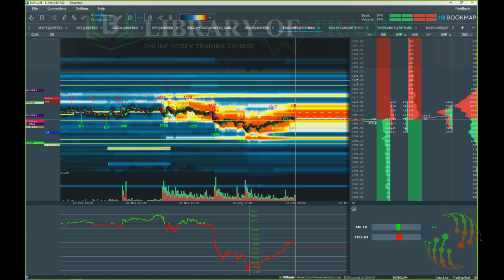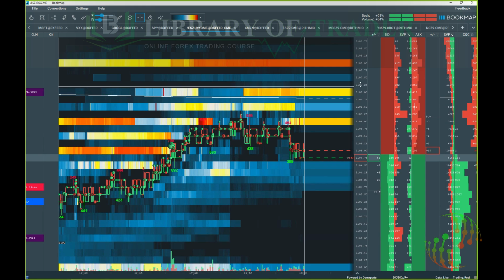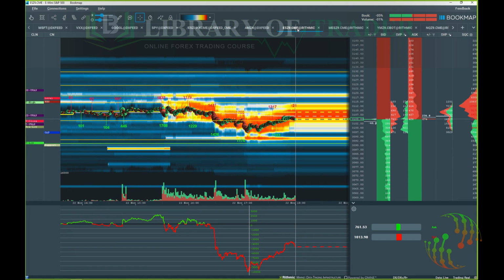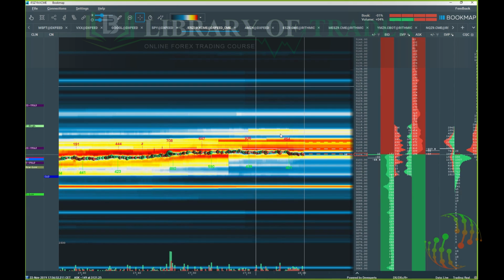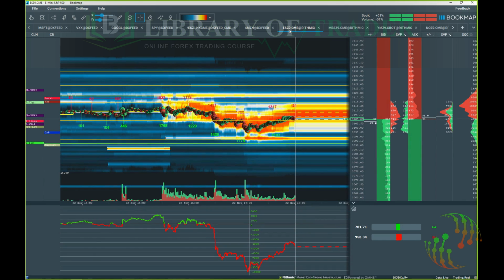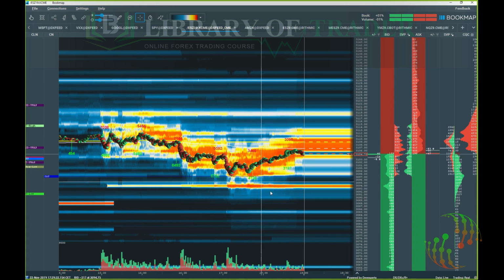Everything that is available between those levels is exposed here in the book. And this helps us to understand really what is going on. There's a little bit of difference between the DX feed, where you also get everything in the book, and Rhythmic. You see there's a slight difference between those data providers. But in the end, we are talking about high quality data, and we get every level.